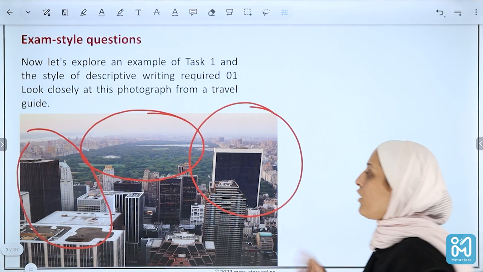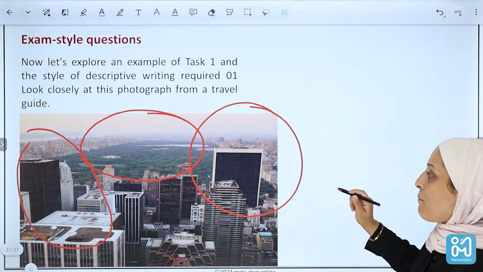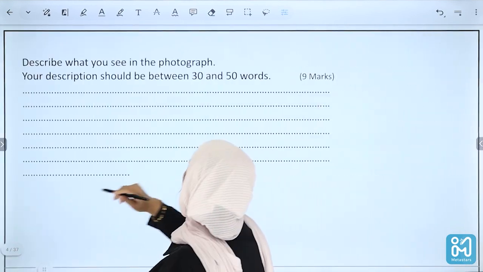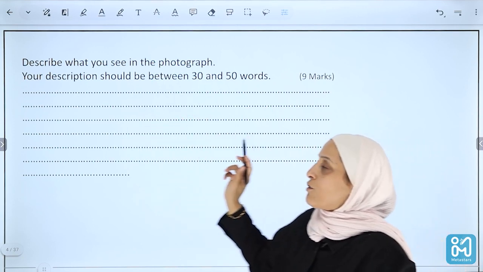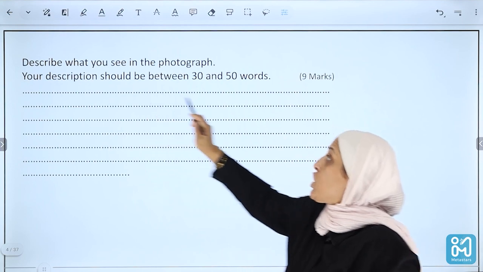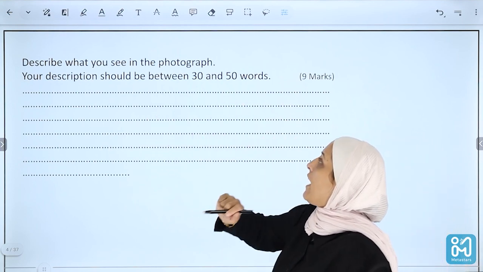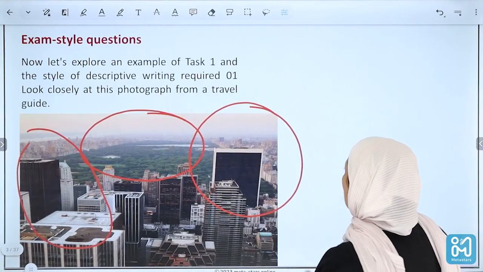Okay, together we will have a look at one of the samples and let's see if we can describe what we can see in the photograph. Your description should be between 30 and 50 words and 9 marks for this one.